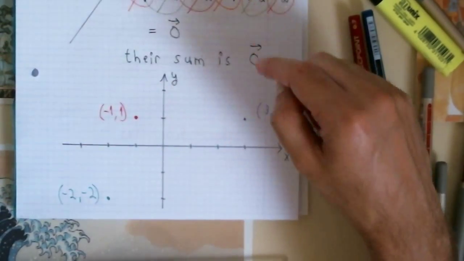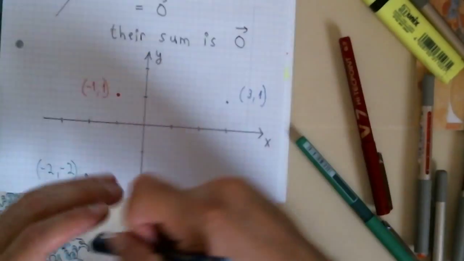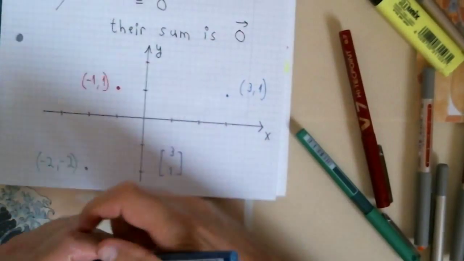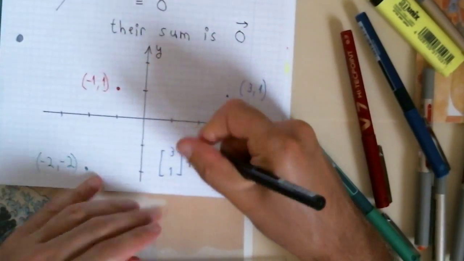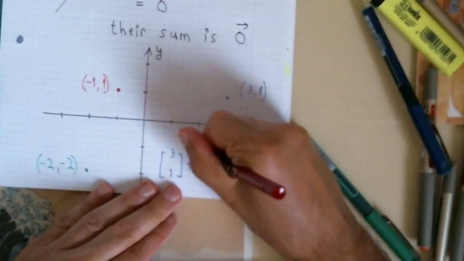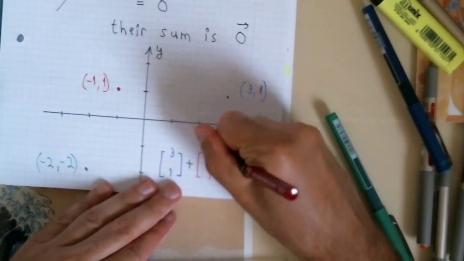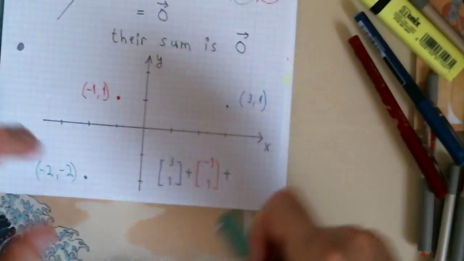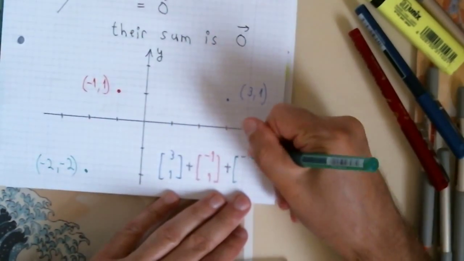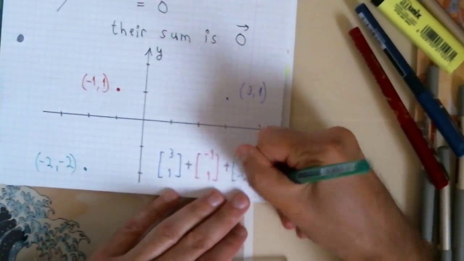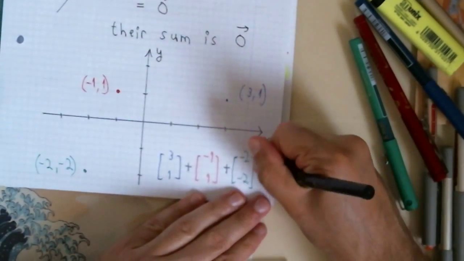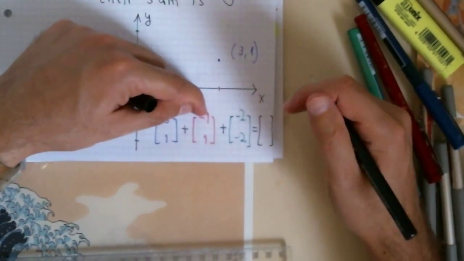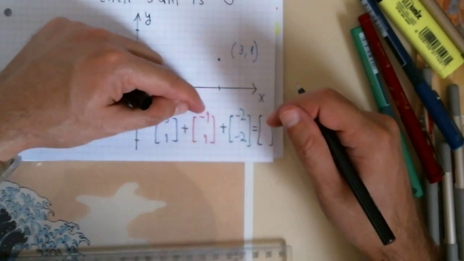So if we add them together, as vectors we have 3, 1 plus minus 1, 1 plus minus 2, minus 2. This equals how much?